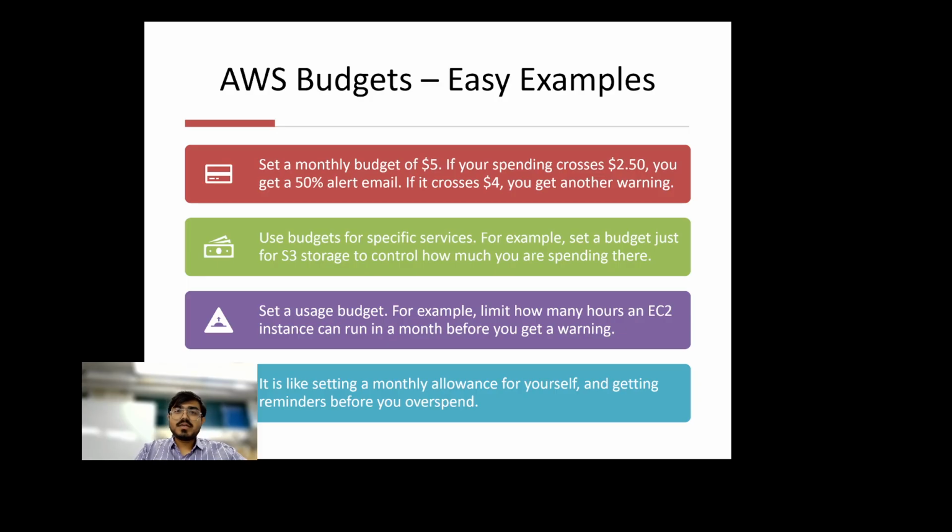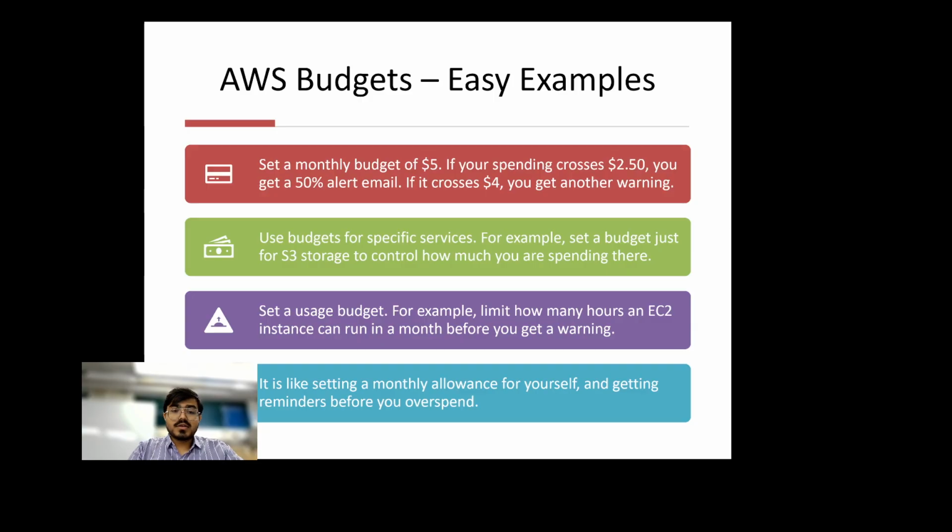So, AWS Budgets, very easy examples. Here are some easy examples of how AWS Budgets works. Set a monthly budget of $5. If your spending reaches $2.50, you get a 50% alert. If it reaches $4, you get another warning. You can create a budget just for one service like S3, so you know if storage costs grow.